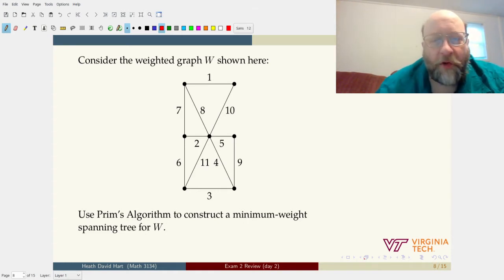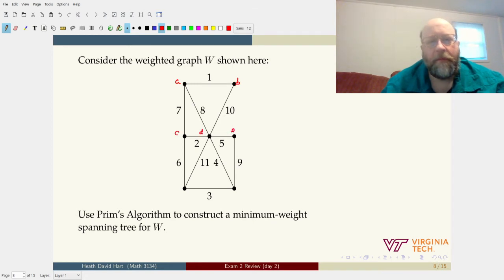Let's use Prim's algorithm to construct a minimum weight spanning tree for W. All right. So if we use Prim's algorithm instead, we pick some starting vertex. I'll go ahead and start with A. And of all the edges that come out of A, 1 is the cheapest.